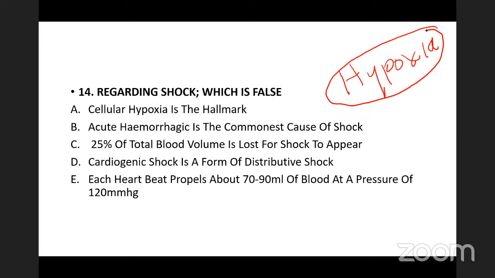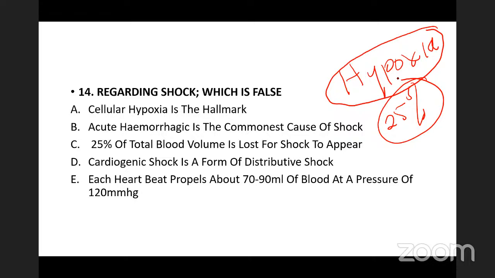It is from class 3 to class 4 hemorrhage that you see patients developing shock. But you should know a minimum of 25% of total blood volume is lost for patients to develop shock. That option is correct. Cardiogenic shock is a form of distributive shock.